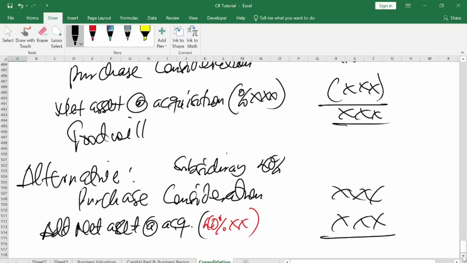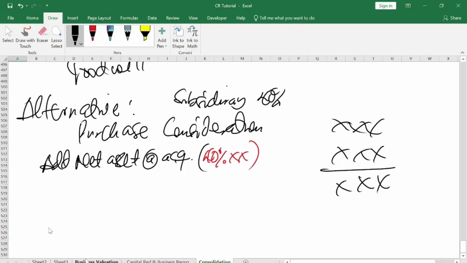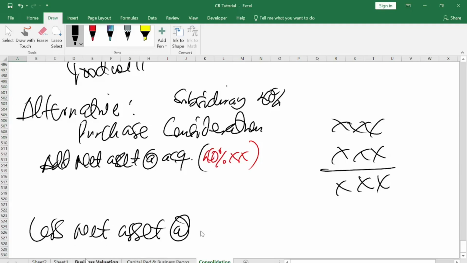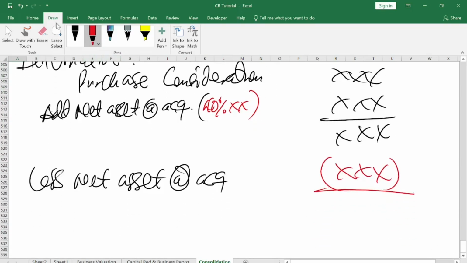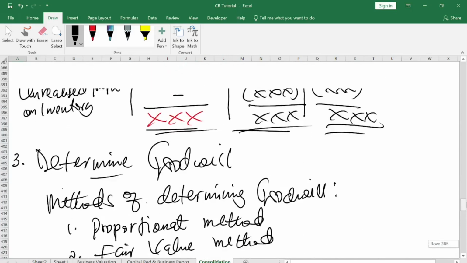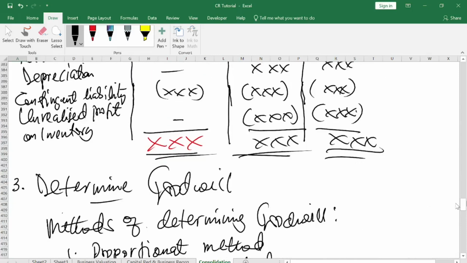Add it to this one. So when they add, then they say less net asset at acquisition. Then they will less the total, this one, to arrive at goodwill. They will pick the total and come and less.